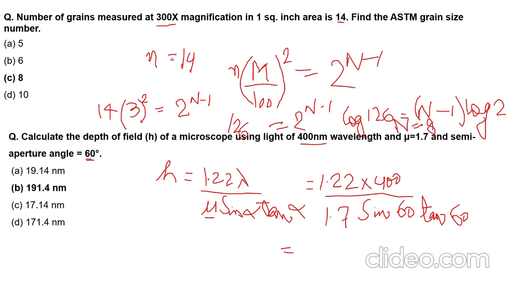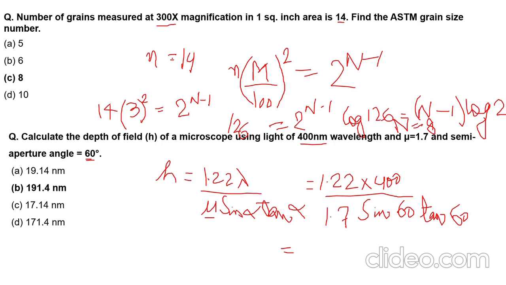We are getting 191 nanometers as a depth of field. Suppose we are using a magnification of 100. So 100 into 100 into 191 nanometers will be, I think, the depth of focus for the eyepiece.